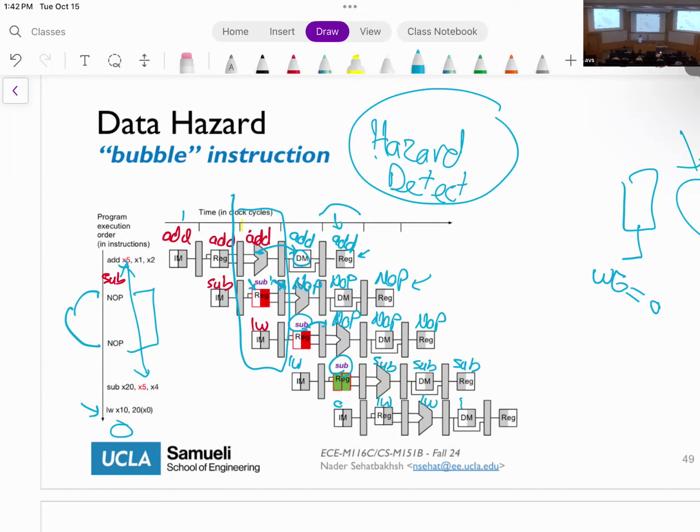The compiler can check this, but as I said, for inserting and continuing this, it's faster to do it in hardware. The reason we're not doing any of these is that we're going to use forwarding, which I'm going to explain later and which doesn't need any of this. But yes, if you really want to, you can do it in the compiler.